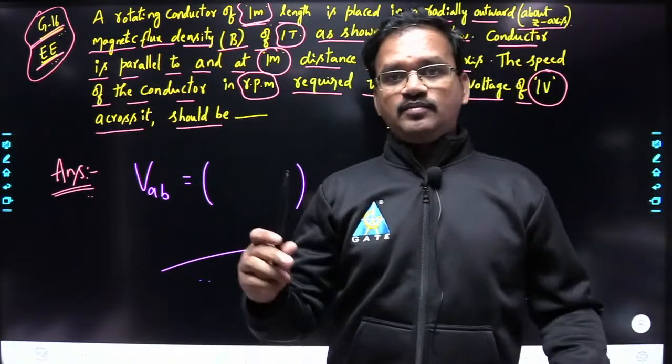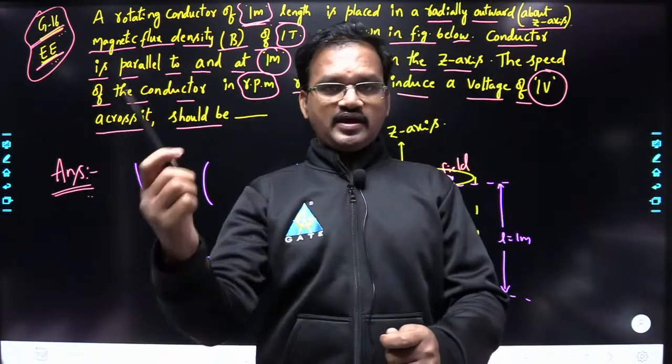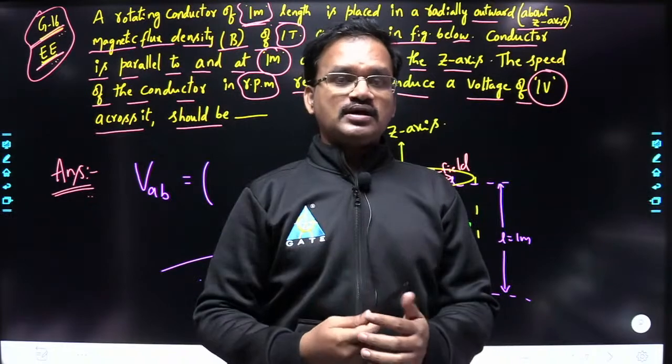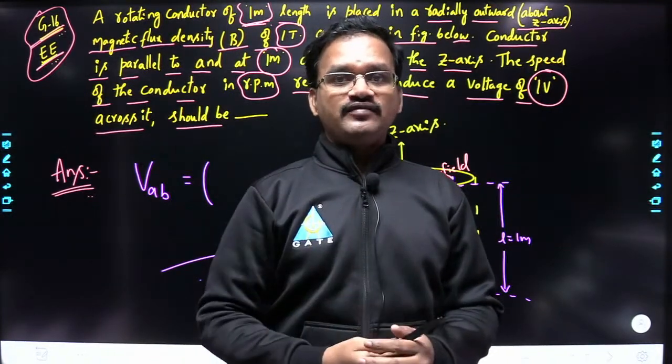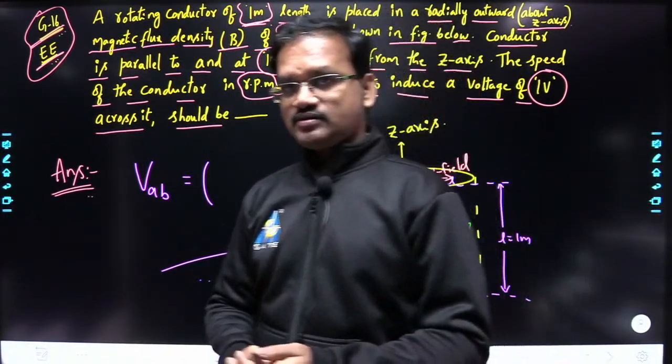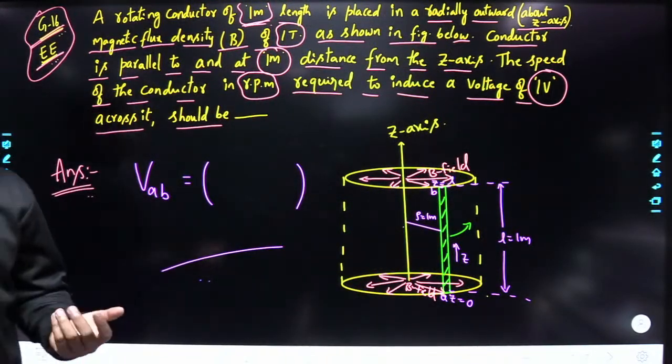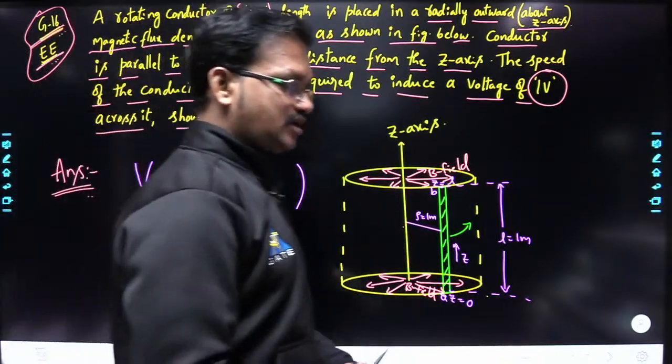The conducting bar is revolving now, so whenever it is revolving, you have to consider angular velocity. We have to represent in terms of angular velocity.